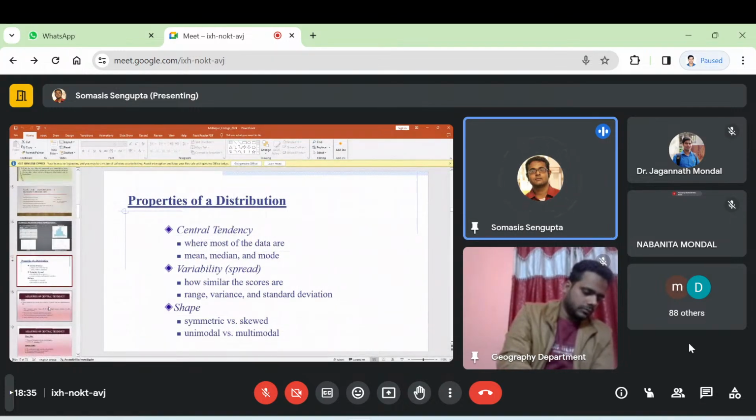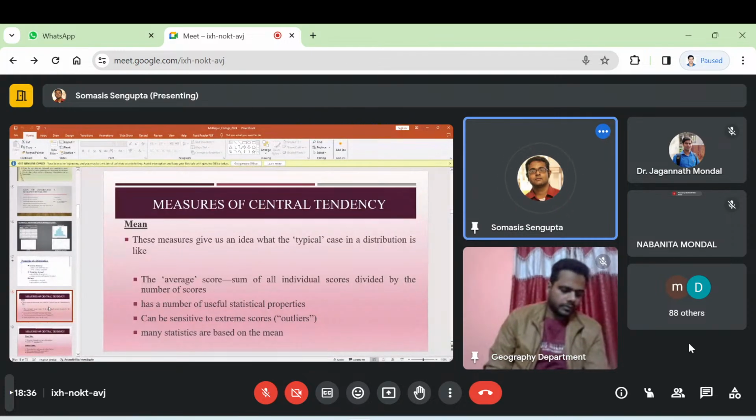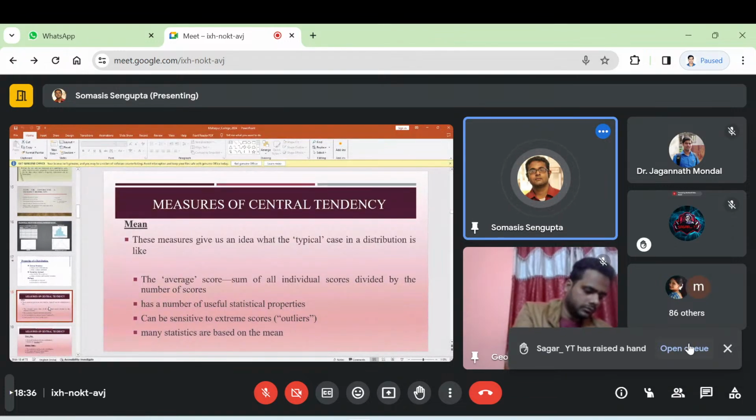Now, as we all know, among the important measures of central tendency, mean basically gives the idea of average score, and the reliability of the mean, as I told you, depends on the dispersion techniques. One of the important disadvantages of mean is that it is very much affected by extreme observations.